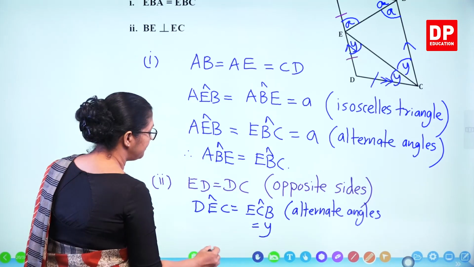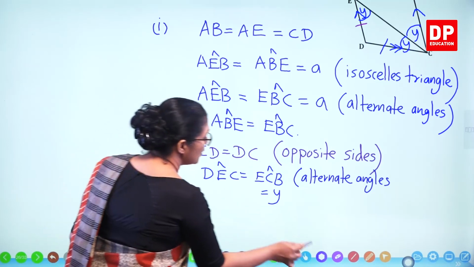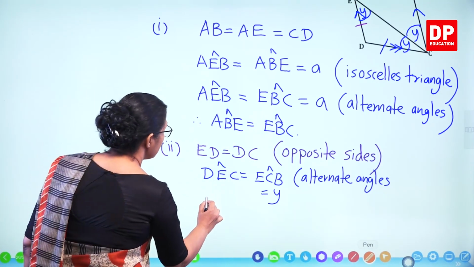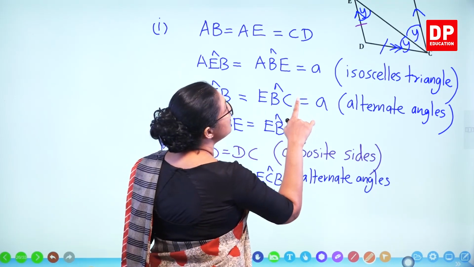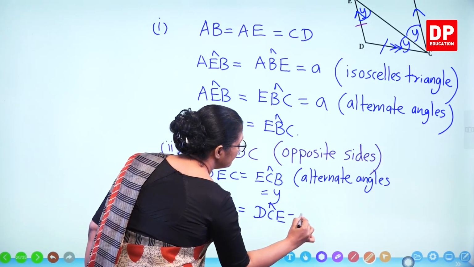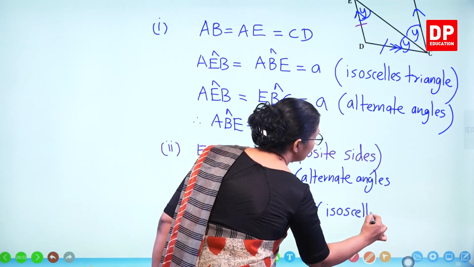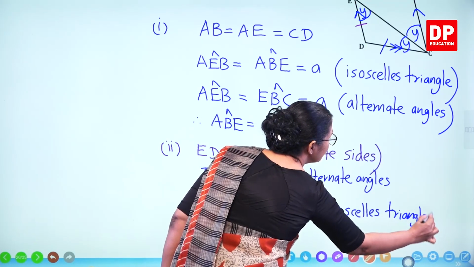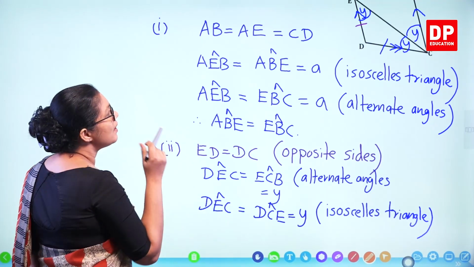I'll put y there, and also, similar to the other one, DEC is the same as DCE. Isosceles triangle. Now we can see these two are equal.